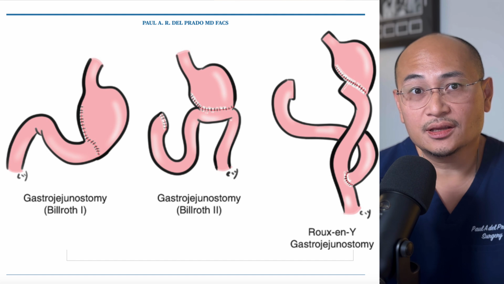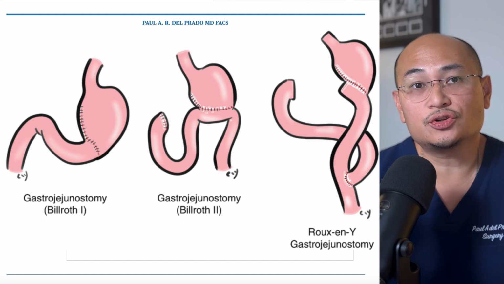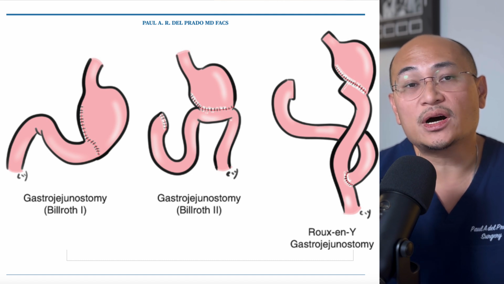We have several pictures of types of reconstruction after a resection, which includes a Billroth 1, which is a gastroduodenostomy, a Billroth 2, a gastrojejunostomy, and a Roux-en-Y reconstruction. If you look at the ratio, bleeding is 6 times more common than perforation, but perforation has a higher mortality and is a surgical emergency.